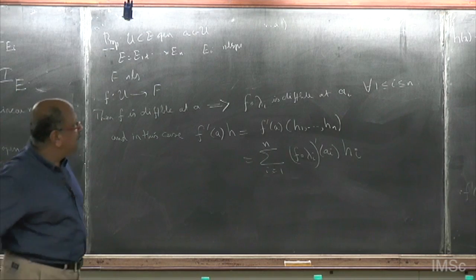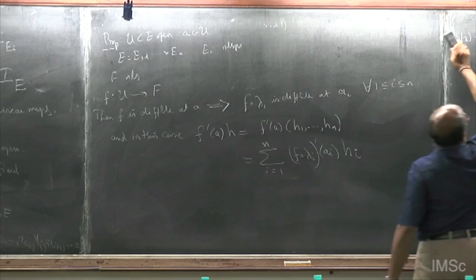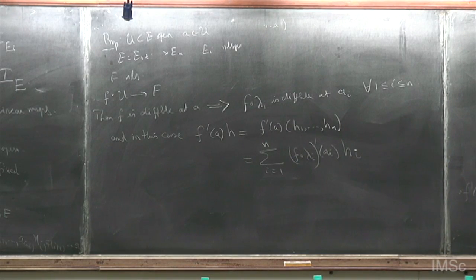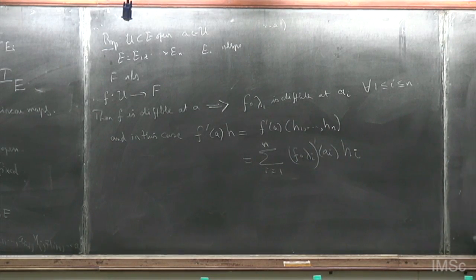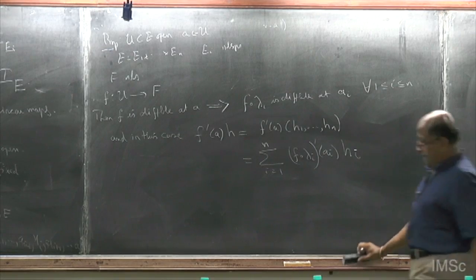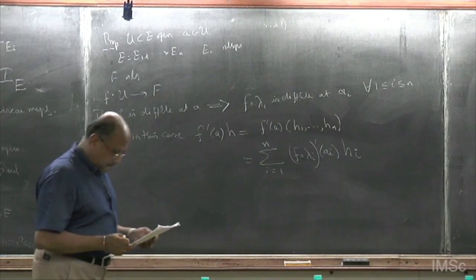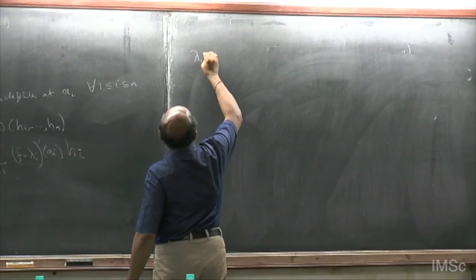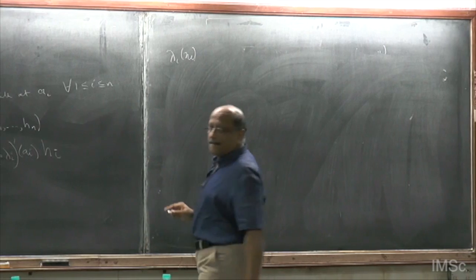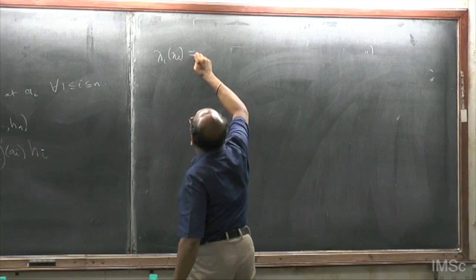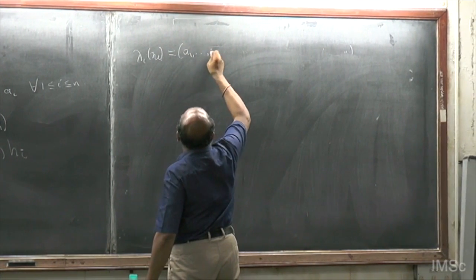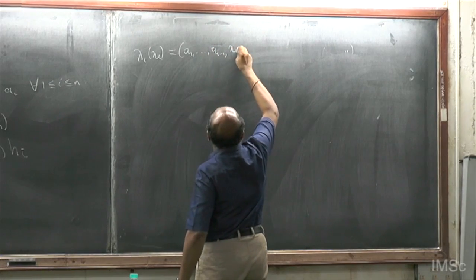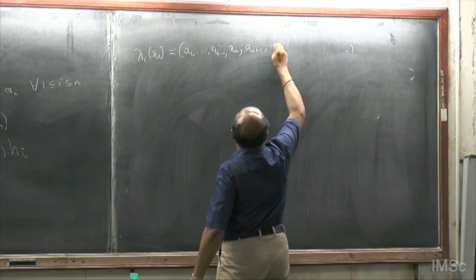So the proof is very similar to the earlier one. What is lambda I at xi? This I said was (a1, ..., a(i-1), xi, a(i+1), ..., an).